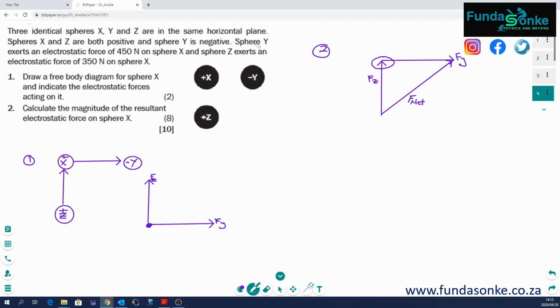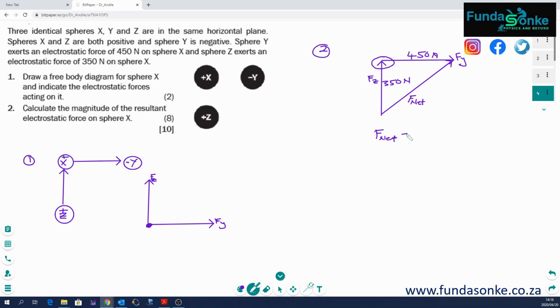We're told that sphere Y exerts an electrostatic force of 400 newtons on X. So this will be 450 newtons. Okay, while Z exerts an electrostatic force of 300 newtons onto sphere X. So this will be 350 newtons.